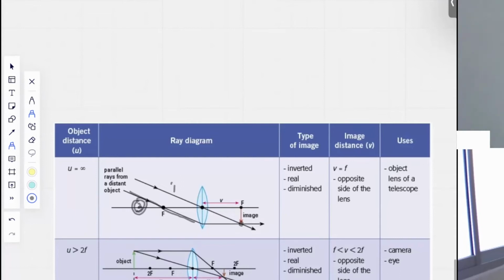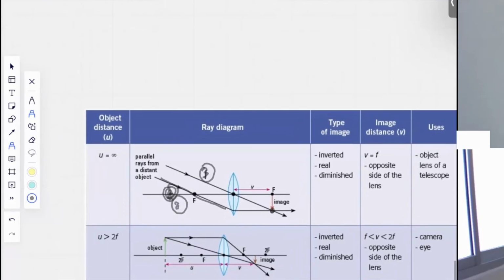This is number 1. Correct. Sorry. This is number 3. This is number 2. Number 2 is pass through focal point first, then parallel. Number 3 is pass through center of lens. Then you find the image here. Yeah. Okay. Can visualize.